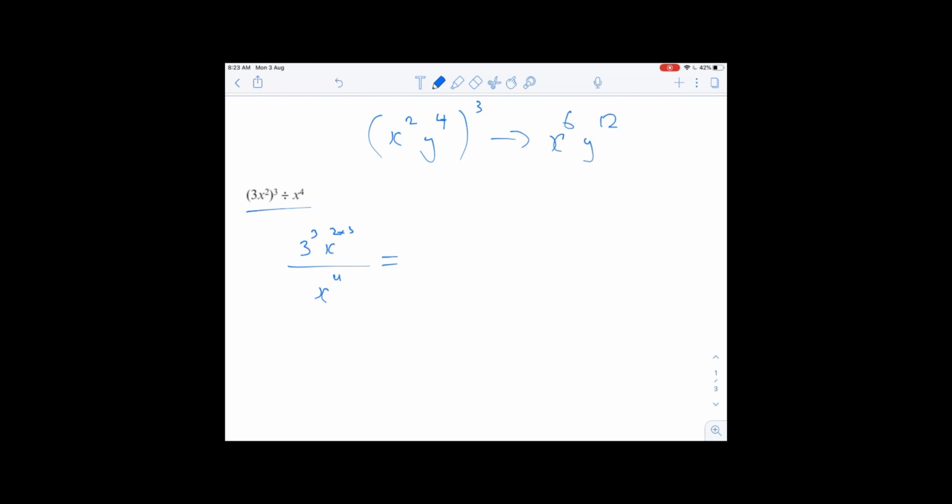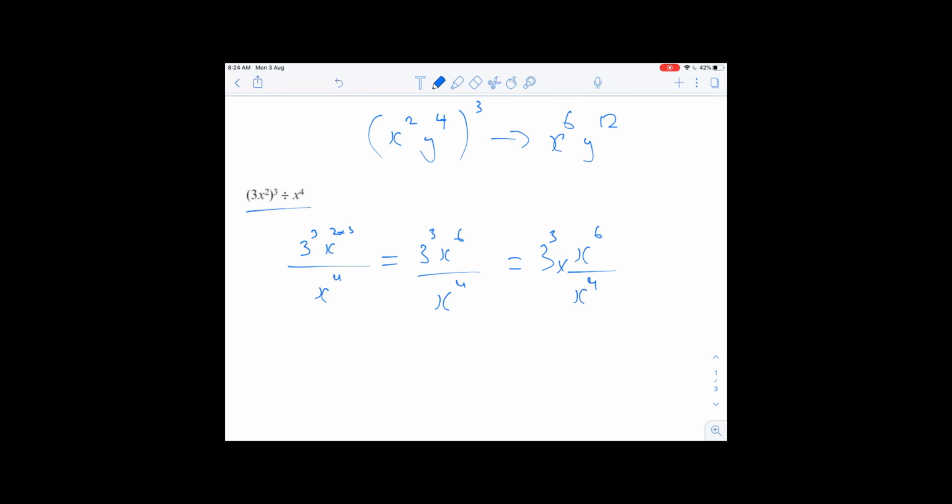This is equal to 3 to the power 3 x to the power of 6 divided by x to the power of 4. Then you can write this as 3 to the power 3 multiplying x to the power 6 over x to the power of 4, right?